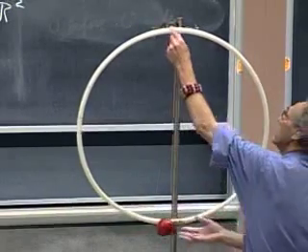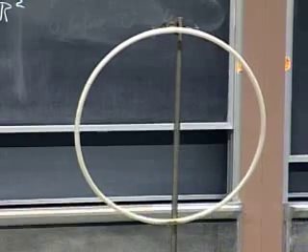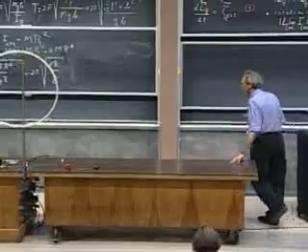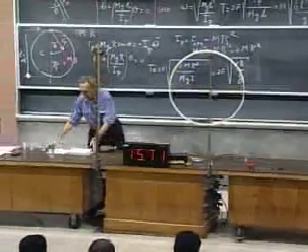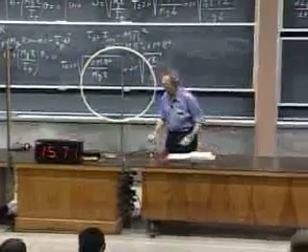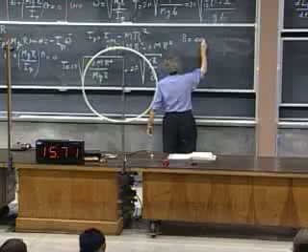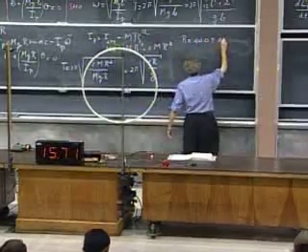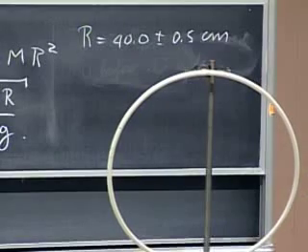So already you see that indeed that result makes sense, but now I want to go one step further. I want to do a quantitative measurement, because I know the radius of this hula hoop. The radius, I think, is 40 centimeters, and we know that to an accuracy of about half a centimeter. So R is 40.0 plus or minus 0.5 centimeters. You will say, boy, can you not measure that any better?